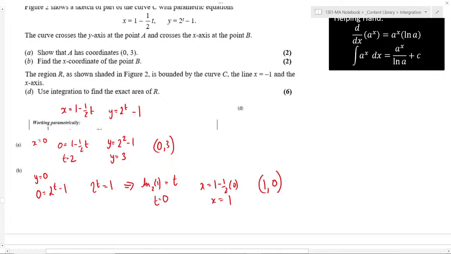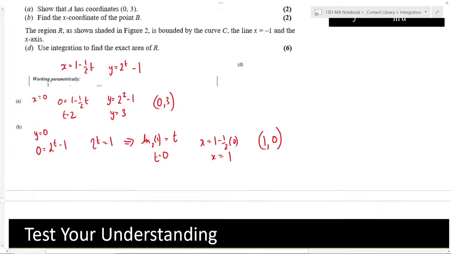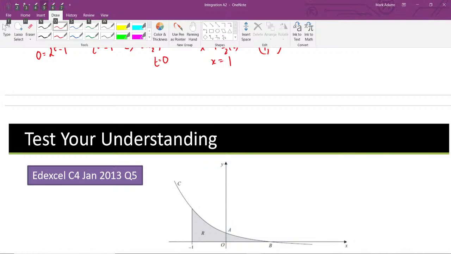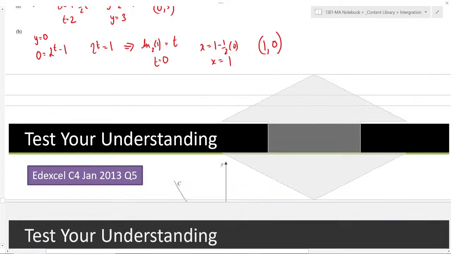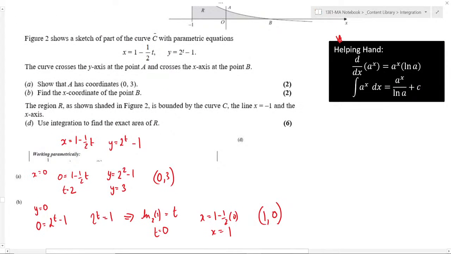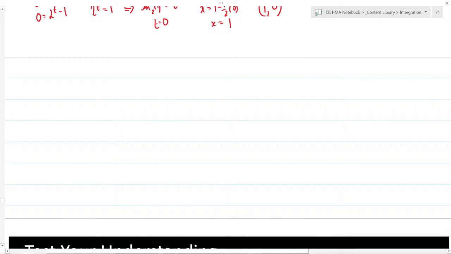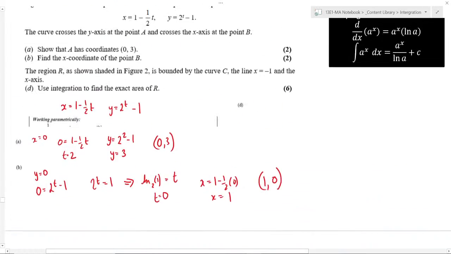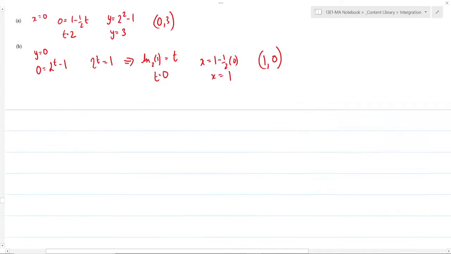The next part we need is to then do the integration of this. So let's give myself some space and write down what we've got. We're doing it between -1 and 1.